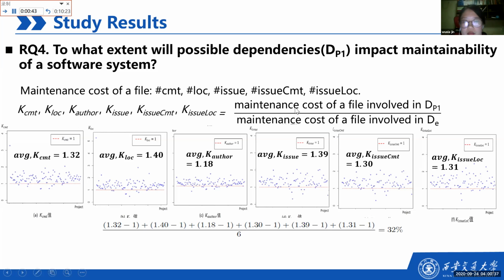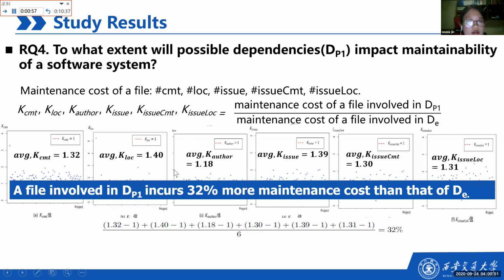We compare the maintenance cost of a file involved in DP1 with the maintenance cost of a file involved in DE. Then we can get six key values. Our summary reveals that on average, a file involved in possible dependency incurs about 32% more maintenance cost than that of explicit dependencies.